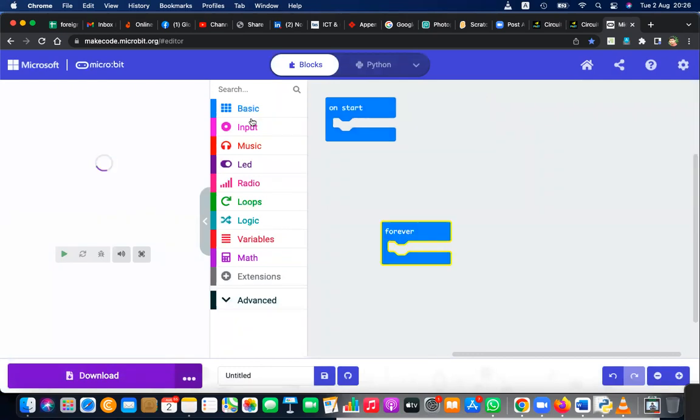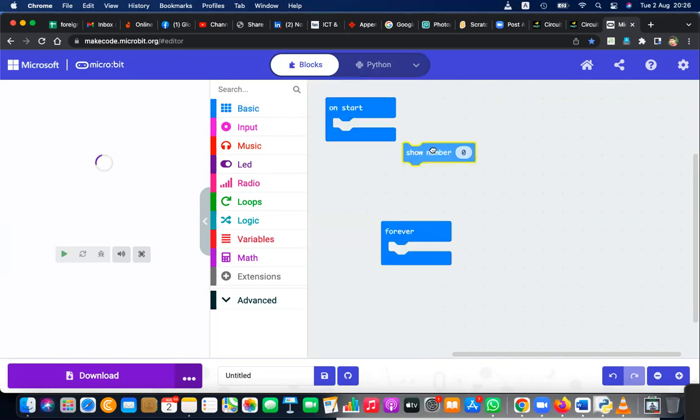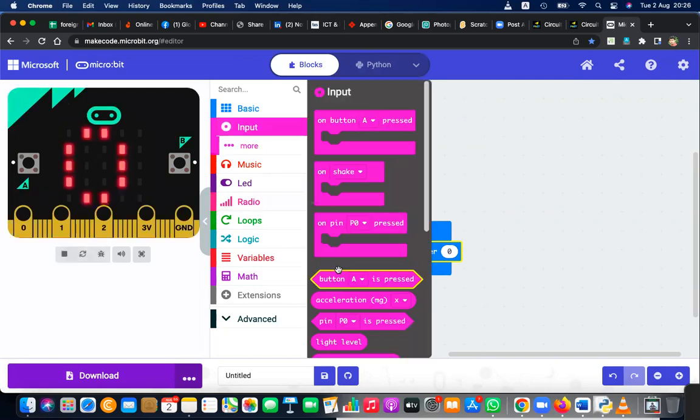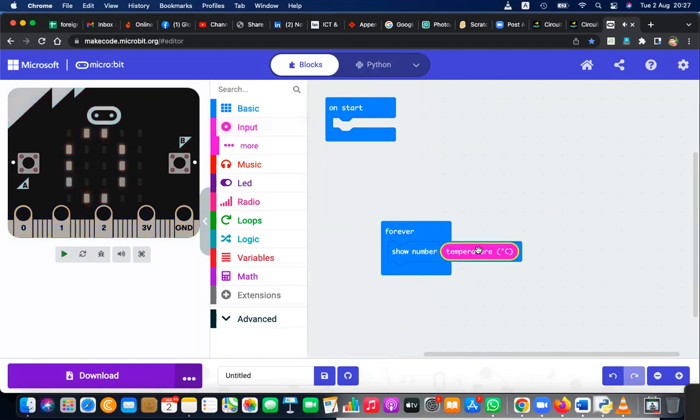From the basic, I can take show number, the very basic element. Then from the inputs, I can show temperature. Then when I run this, it's showing 21. This is a virtual temperature, it's not real.